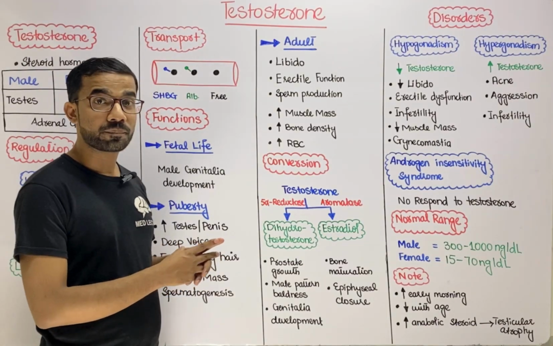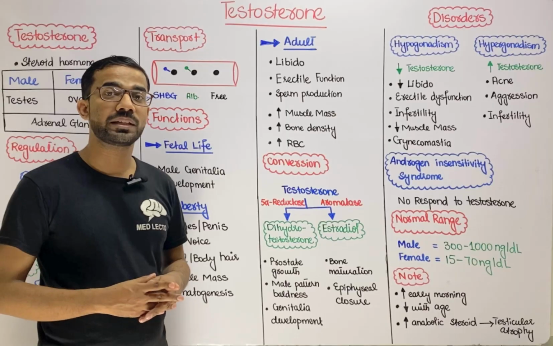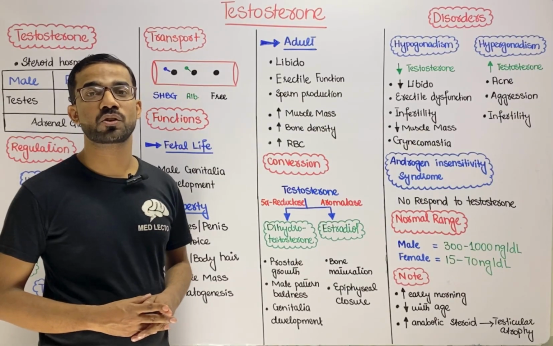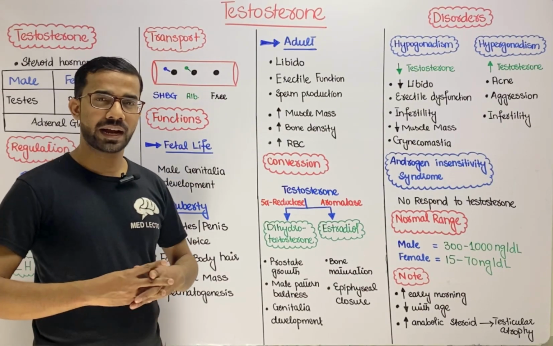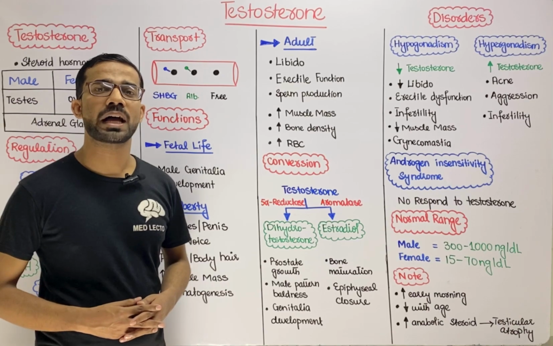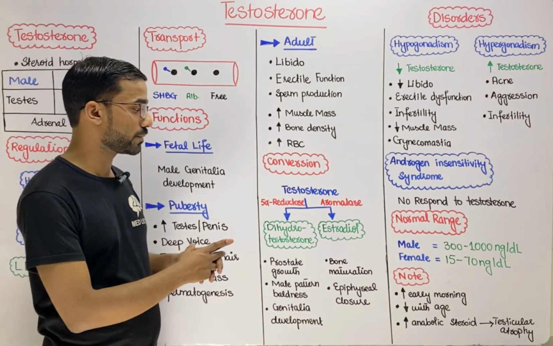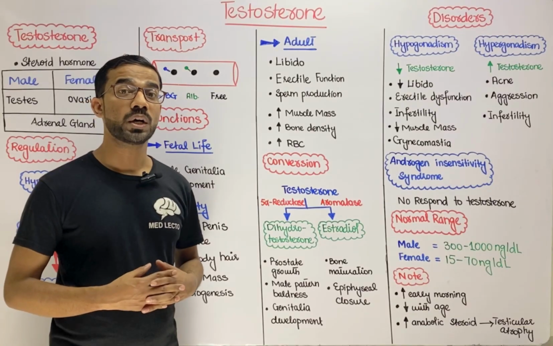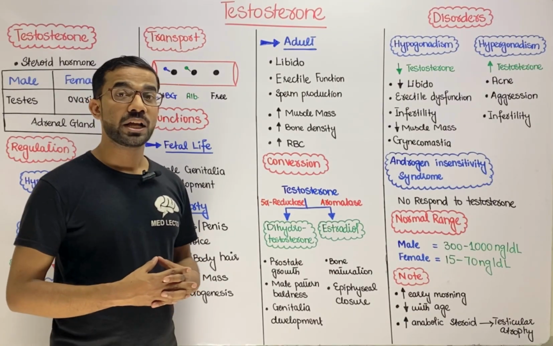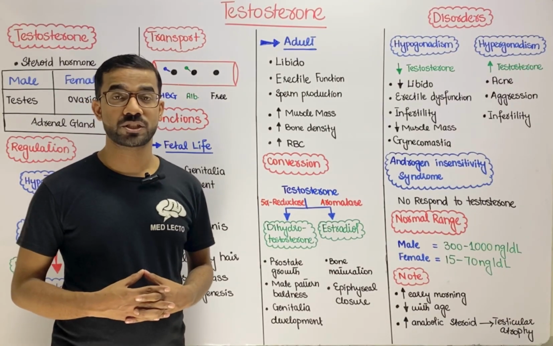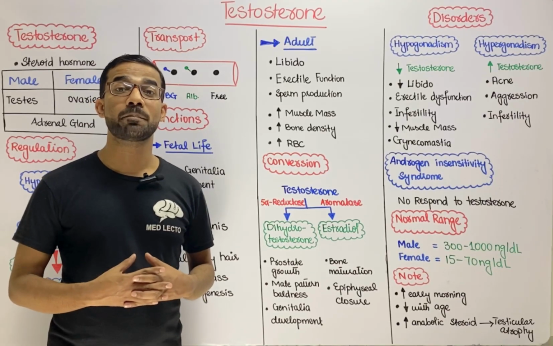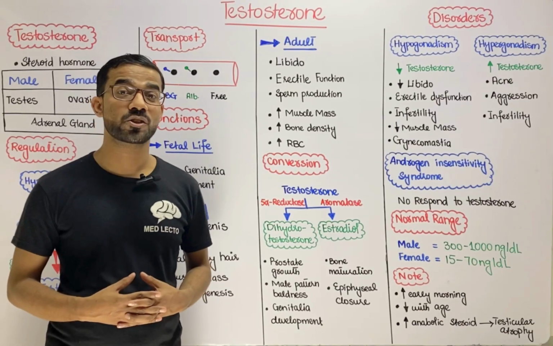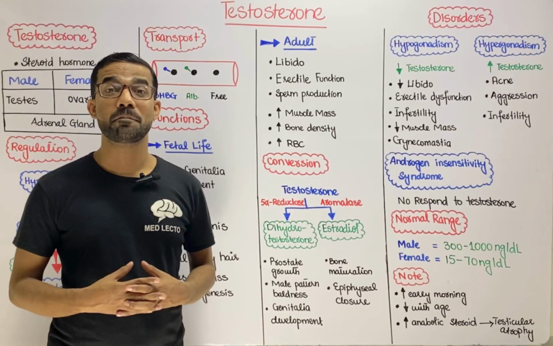And with the passage of time, in old people you will see the testosterone level start decreasing, and it can commonly be seen after the age of 30. Next is the anabolic steroids. People who go to the gym will start using the anabolic steroids to build their muscles, because testosterone builds muscle mass.